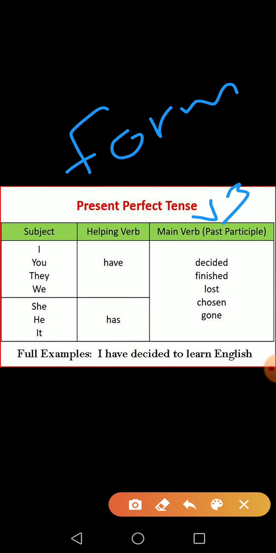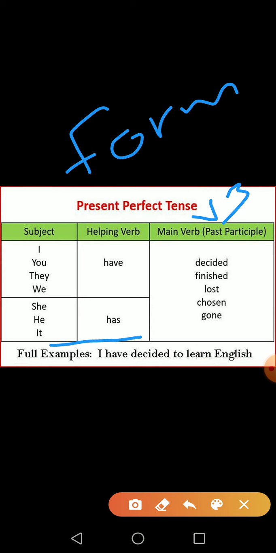It's not right if I say she have decided. This is wrong. She has finished. Verb 3. She has lose? No, she has lost. Yes. This is for the present perfect.